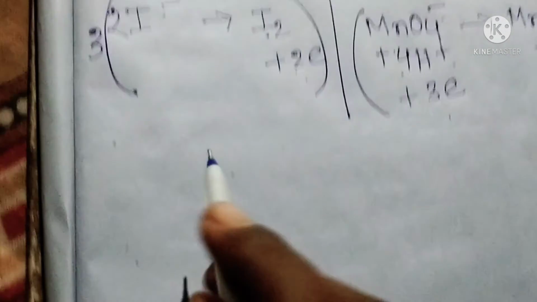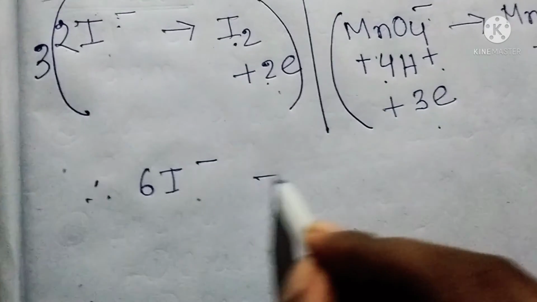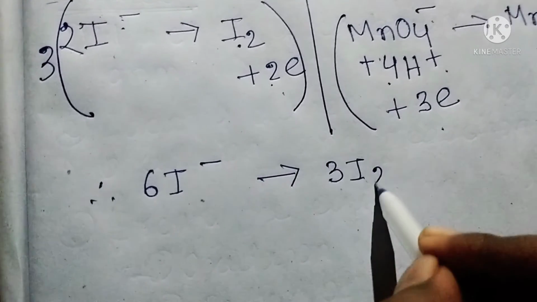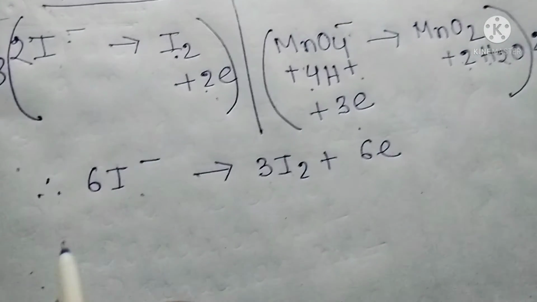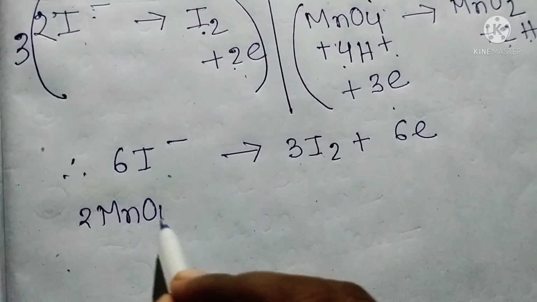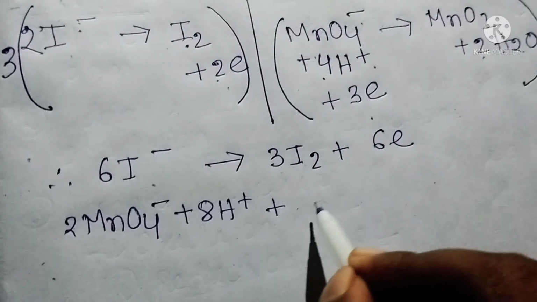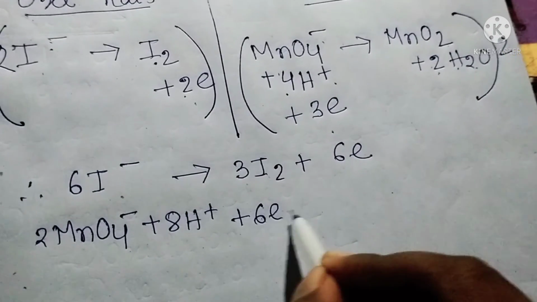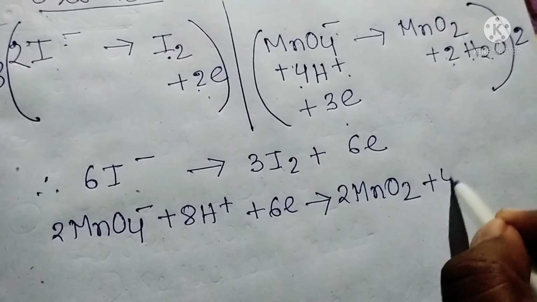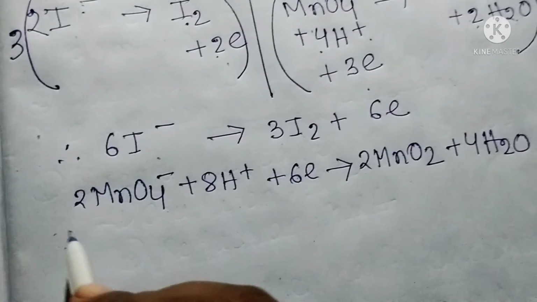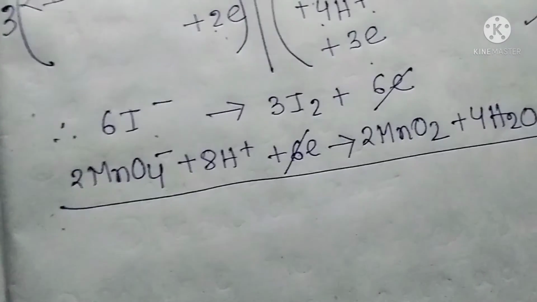So what we get? 3 2s are 6 I minus gives 3I2 plus 6 electrons, and here we get 2 MnO4 minus plus 8H plus plus 6 electrons gives 2 MnO2 plus 4H2O. At first this electron and this electron get cancelled.